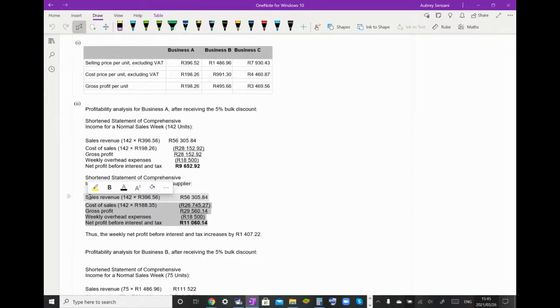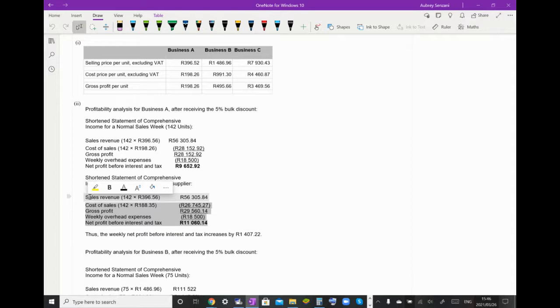Theft, yes, 100%. Theft, damaged stock, a natural disaster, obsolete stock. You could go on and on and on. Go back to the slides, you'll find even more answers to that.